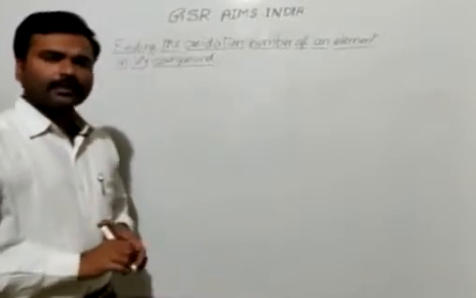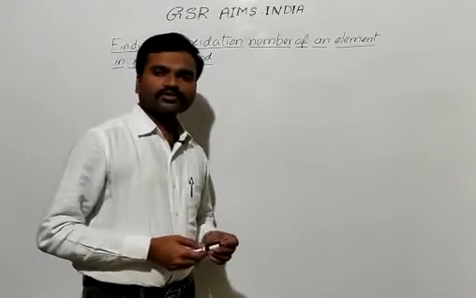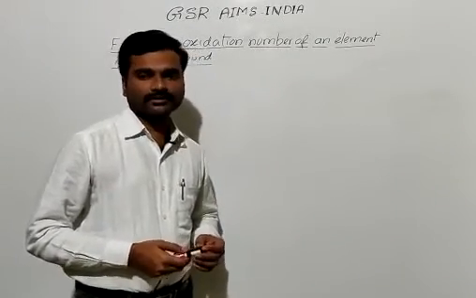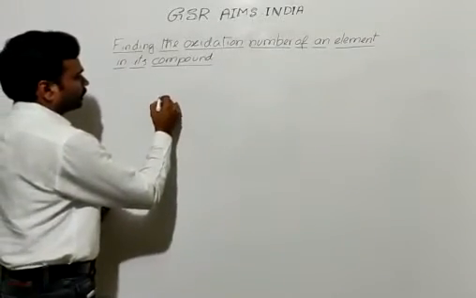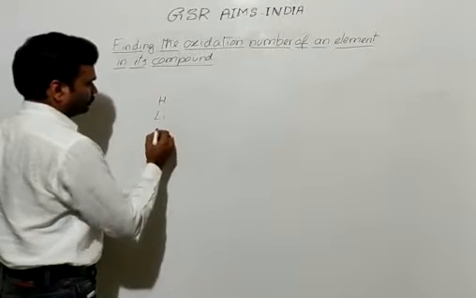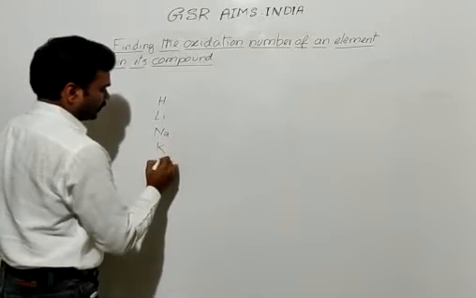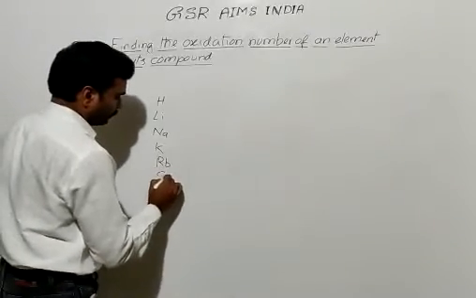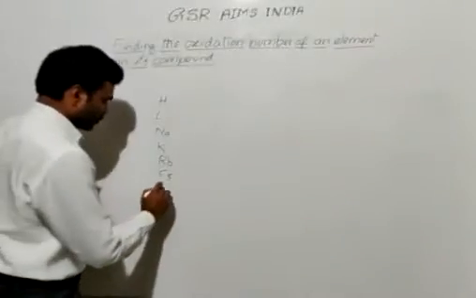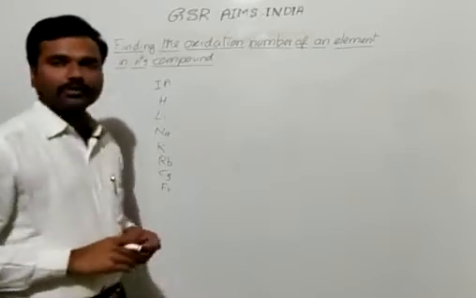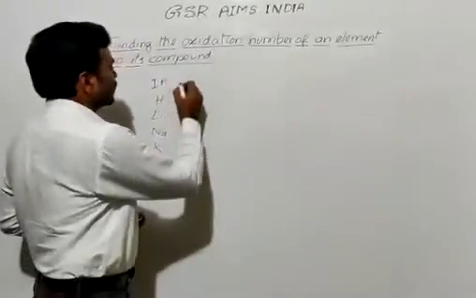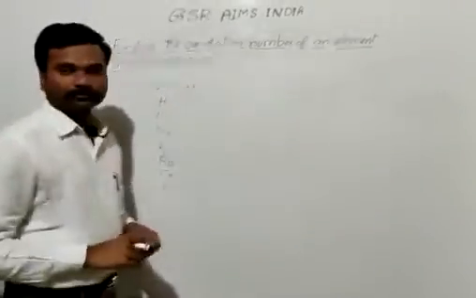And coming to elements in the periodic table, the oxidation numbers of the alkali metals, which we say are first A group elements like hydrogen, lithium, sodium, potassium, rubidium, cesium, and francium. These are called first A group elements, as we know. These elements always show oxidation number +1.